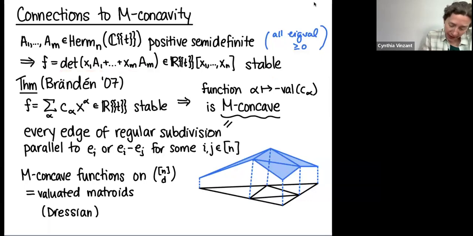Petter Brändén showed that if you have a polynomial whose coefficients are real Puiseux series and that has this property, then you know something about the valuation of the coefficients. Namely, if you look at the function that takes an exponent vector to the valuation of its coefficient, this function is what's called M-concave.